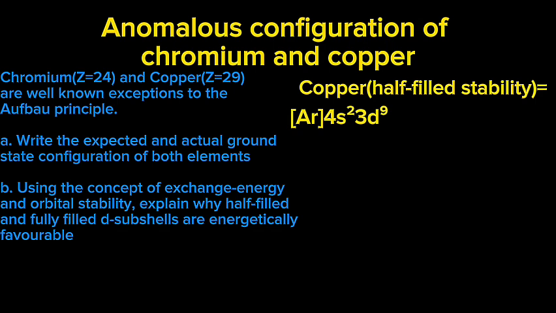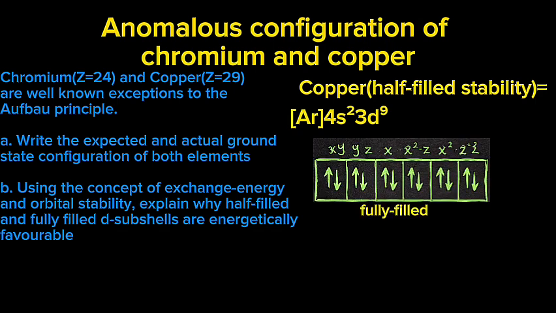Now that 3d subshell can contain a total of 10 electrons. That's when it's fully filled. But if one electron comes down from the shell just above it and occupies the last orbital, it becomes 3d10. So 3d10 is fully filled and 4s1 remains, because that's where the electron came from.